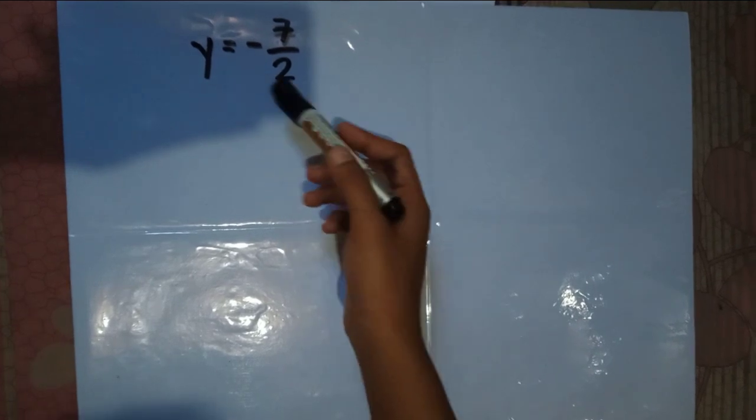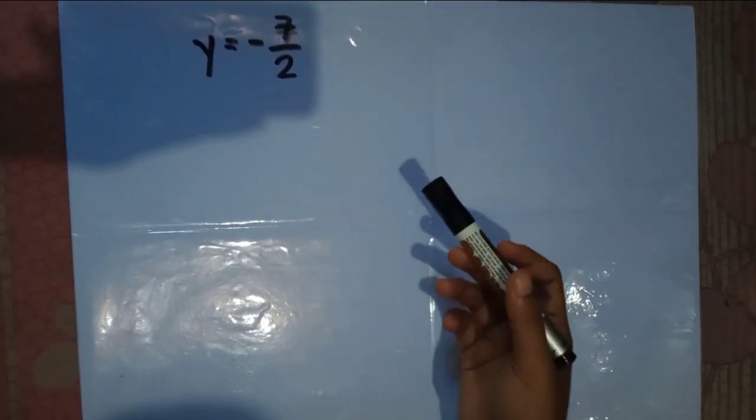Since we already know the value of y is negative 7 halves, we substitute the value of y into equation 1 to get the value of x.